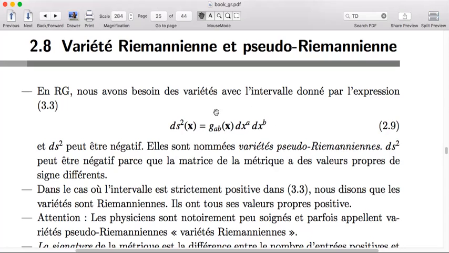So what's a quadratic form? It's something like this equation 2.9, and you see that it's a quadratic form actually in the increment in the coordinates between the 2 points. We're talking about which 2 points? Well, it's the 2 points that we're calculating the distance between, right?